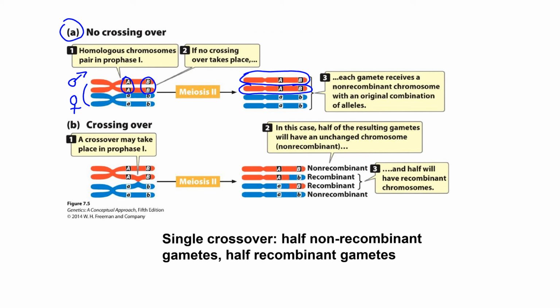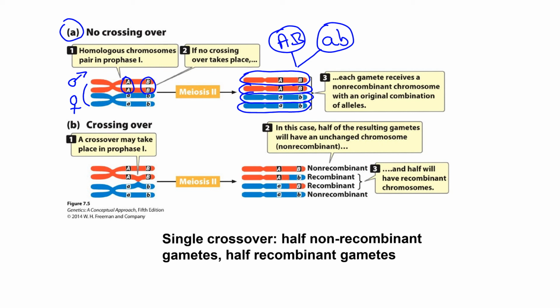So when there is no crossing over, the gametes that this individual can form are only non-recombinant gametes which contain the original combinations of alleles. Now, as we said before, this is very rare. Usually crossing over takes place in meiosis 1.